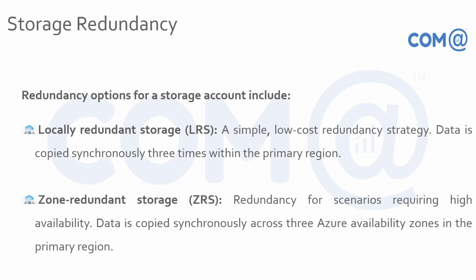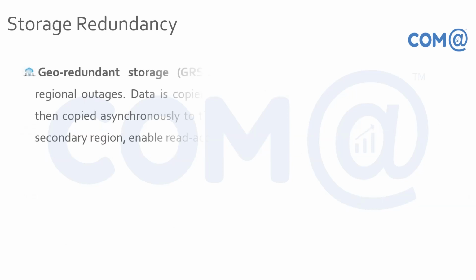And zone redundant storage is for scenarios which require high availability. The data is copied synchronously across three availability zones in the primary region.